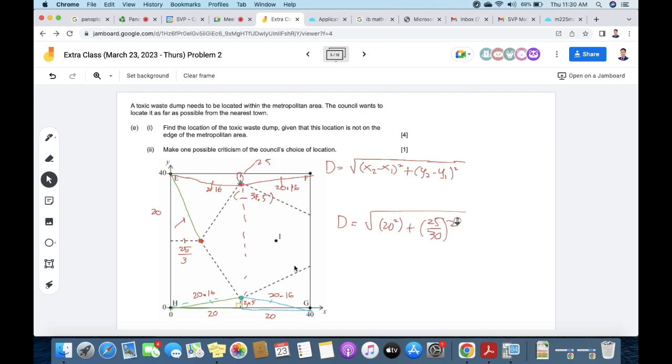This gives us 21.67 kilometers. Follow? So among all the vertices, this is the ideal vertex because this is the farthest as much as possible from the other points. This one is near, and so is this one. So this is the only one that we can use. All right, so the location should be (25 over 3, 20). This is where the toxic dump must be located.